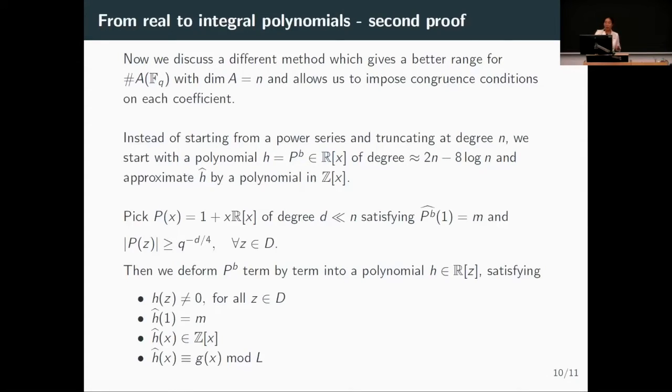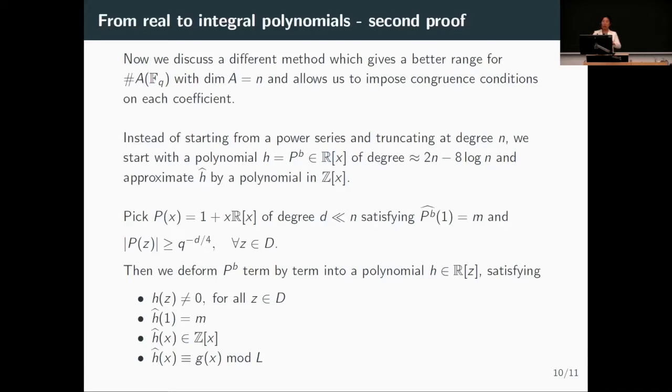Another important thing here is that previously, when I took the power series and truncated, I truncated at degree n. My h used to have degree n, and my targeting Weil polynomial had degree 2n. Now, instead of h having degree n, we're going to take a real polynomial with degree very close to 2n.